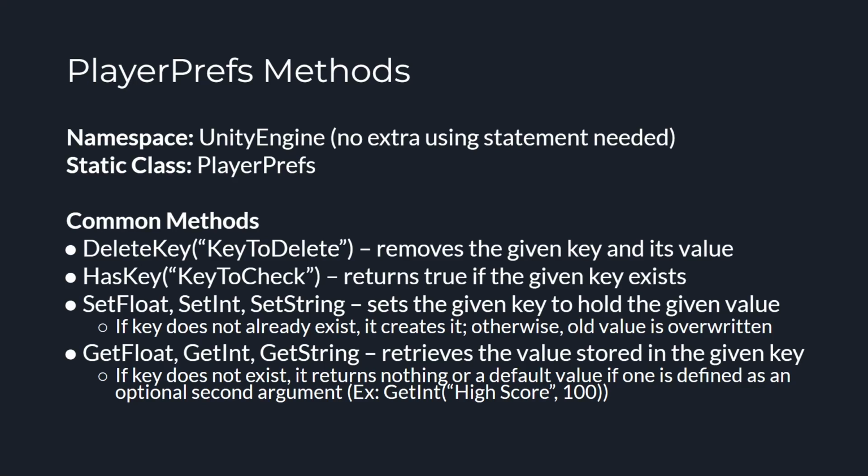So even if no high score is already set, I try to read in the high score, and I'm going to get 100. Right? The nice thing about that is it makes has key and so on a little bit unnecessary because we don't have to check if it already exists, unless you wanted to do something where the default value isn't going to cut it for you.